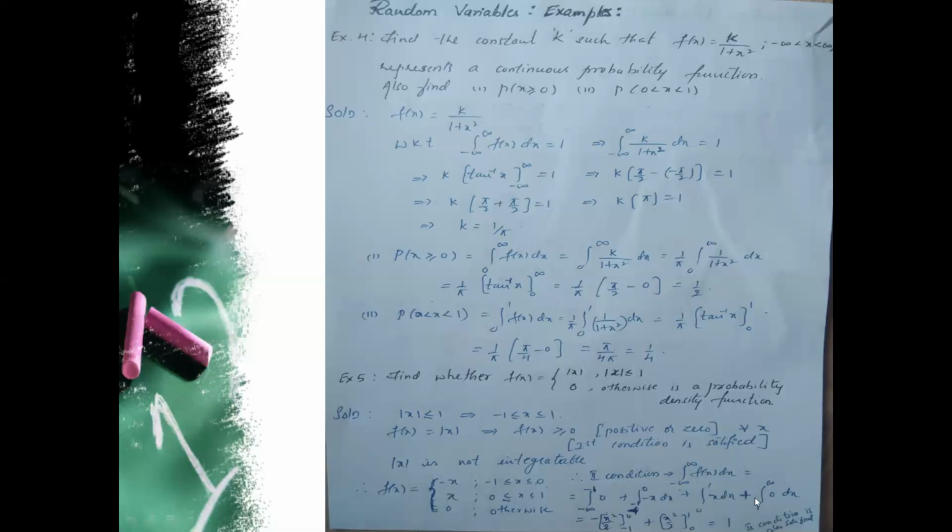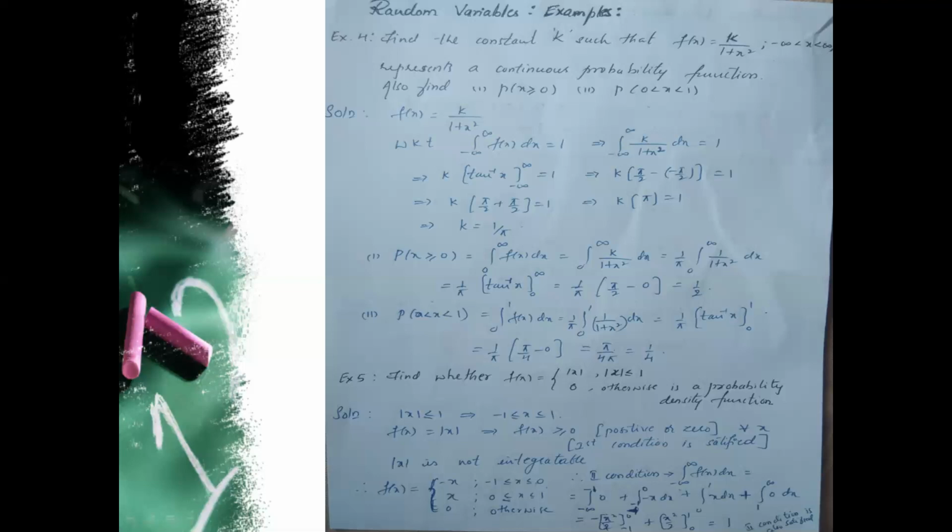In the first and the last integrands, the value of the function is 0. Integration of minus x, with minus outside, is x square by 2, with limits from minus 1 to 0. And in the second integrand, integration of x is again x square by 2, but the limits are from 0 to 1. Substitute the limits, simplify, you get 1.